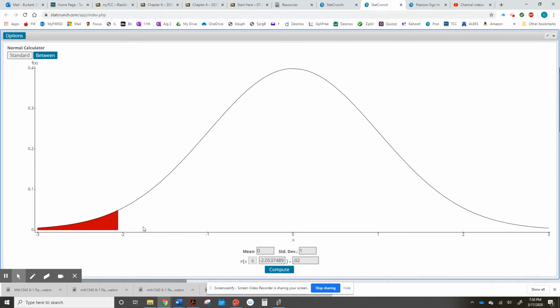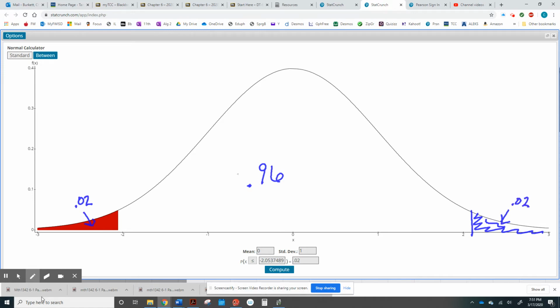So you can see right here that this area right here is 0.02. This area right here, what was it, 96. And this area over here is going to also be 0.02.